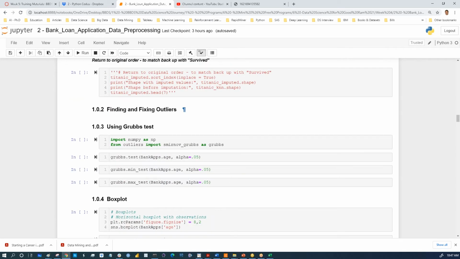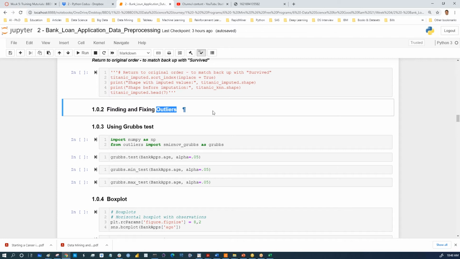The second problem that we learned about is finding the outliers. As I said, outliers definitely create a lot of statistical problems if they are not handled properly.